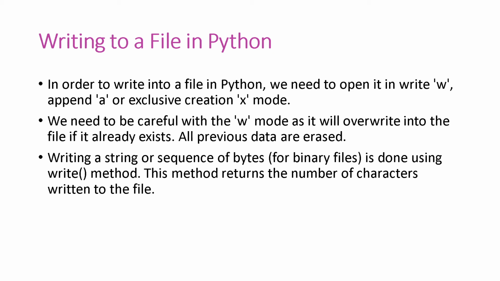If we want to add to an existing file, we need to open our files in A mode, or append mode, because we want to keep that previous data. If we can erase all that previous data, then we can use the W mode and be okay with it.